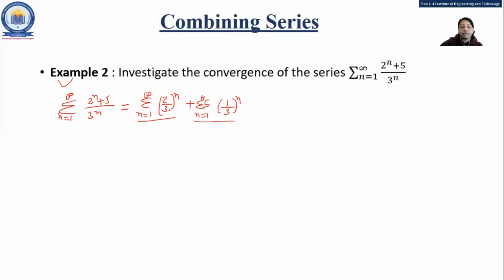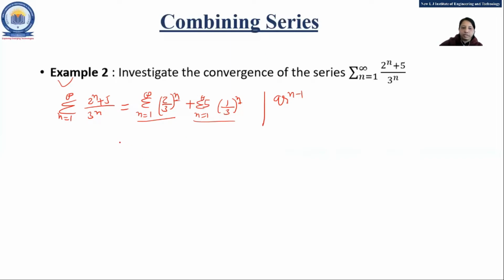So we will go for geometric series, which is in the form AR raised to n minus 1. Here it is raised to n. Is there any way to convert this into this form? You just need to take something common out and you can convert it into a geometric series. Anyone? Okay, fine.